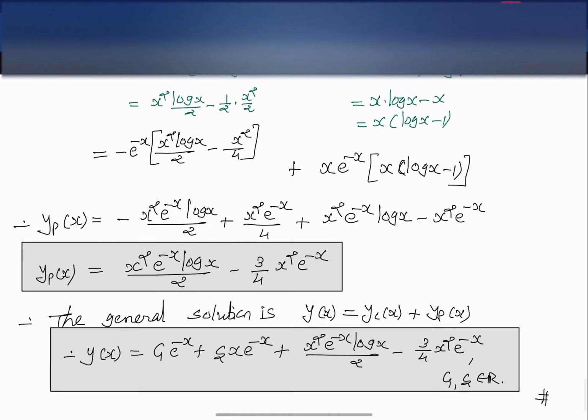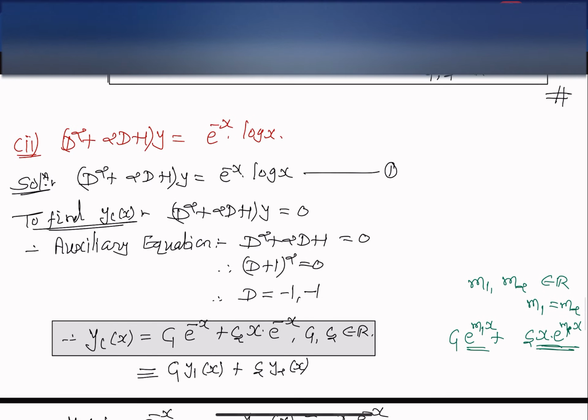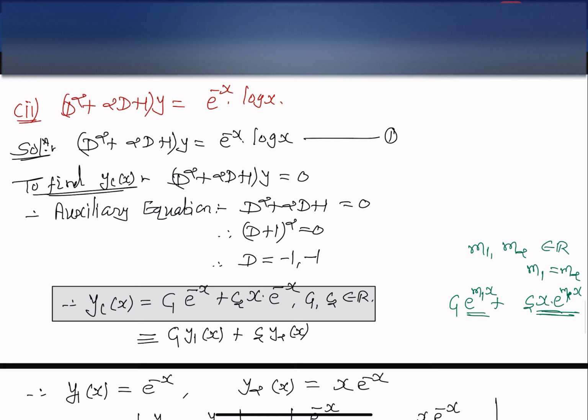I repeat, let me explain again because the example is a little bit tricky in the last part. We have given this differential equation. We consider the right hand side 0 to find yc(x). We factorize this, so we have the factor and the root. Then I write what is yc(x).